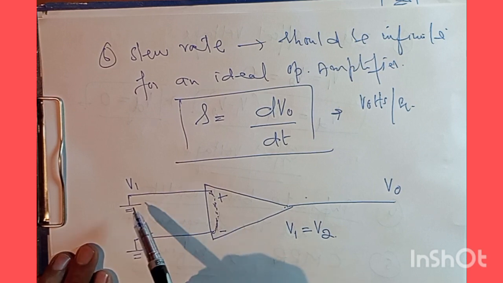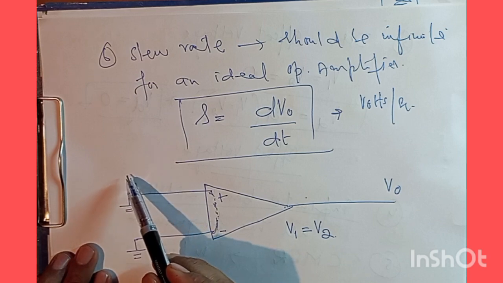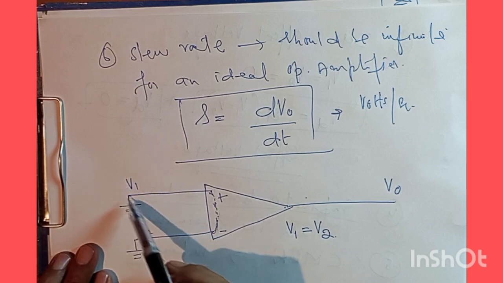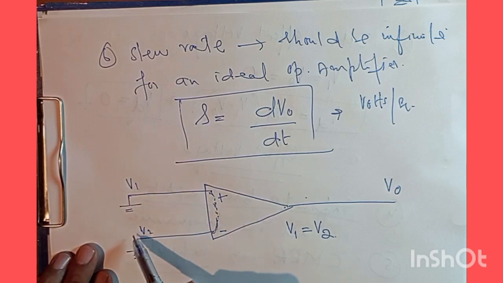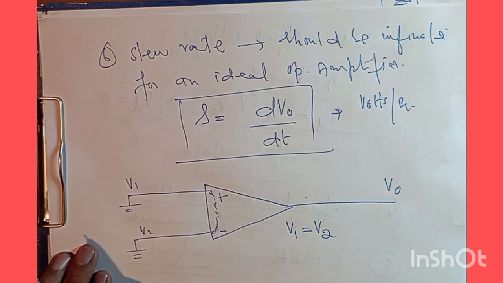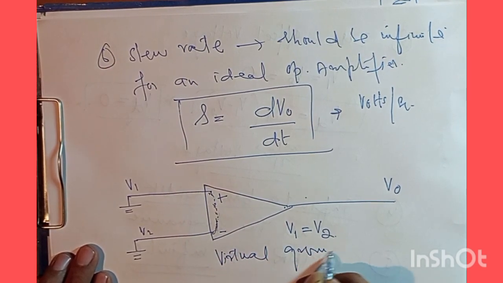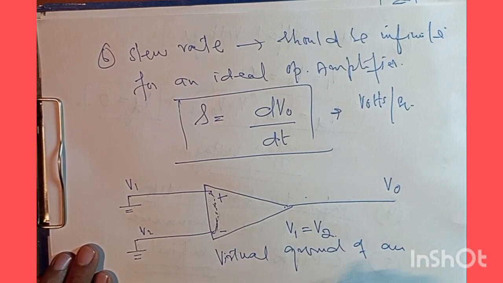The potential with respect to the positive terminal and the potential with respect to the negative terminal must be the same. Now this condition is defined as the virtual ground of an operational amplifier.